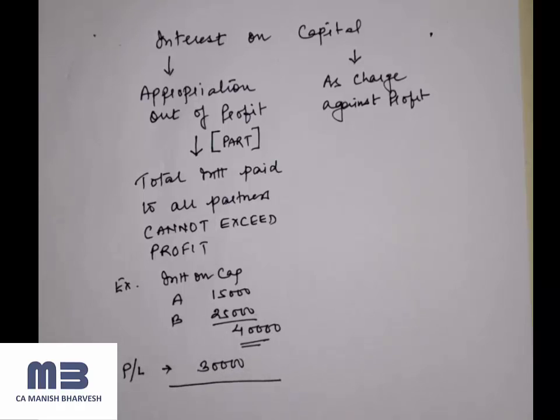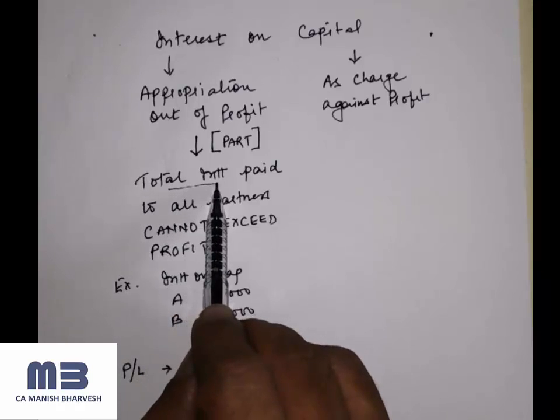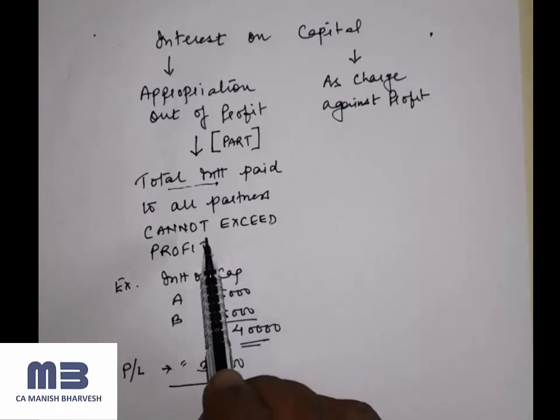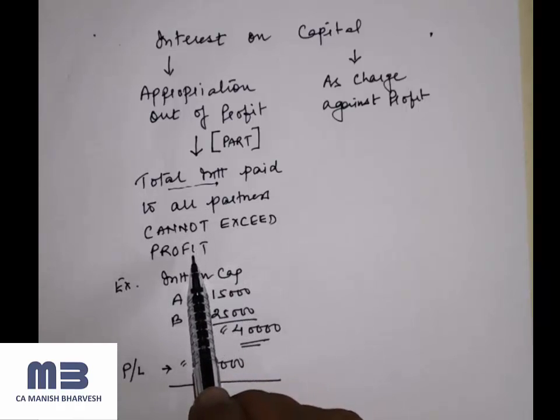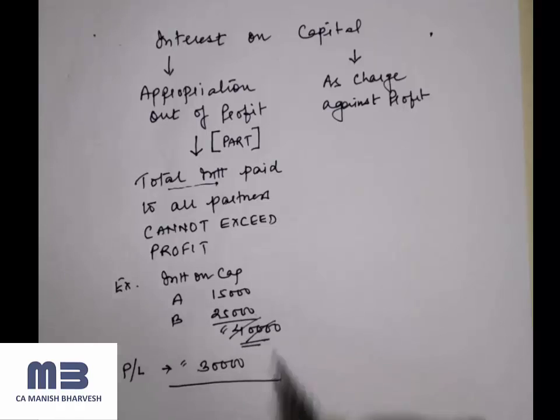So total interest payable was 40,000, whereas profit available was 30,000. If it is an appropriation out of profit, what we learned is that total interest, that is 40,000, cannot exceed profit, that is 30,000. So here we are not going to pay 40,000 to the partners, we are going to pay interest of 30,000.